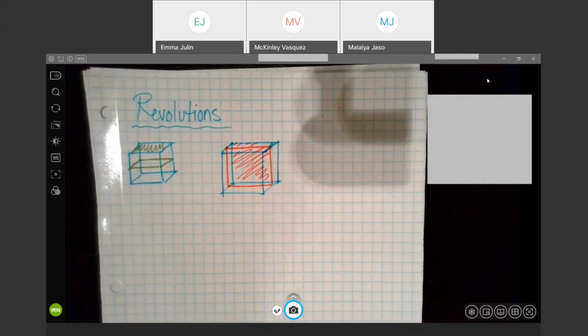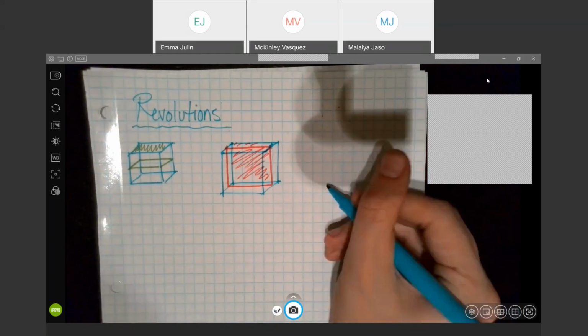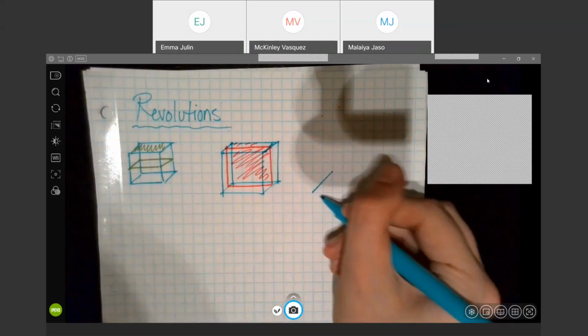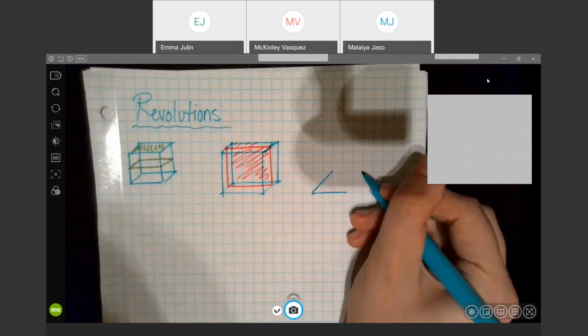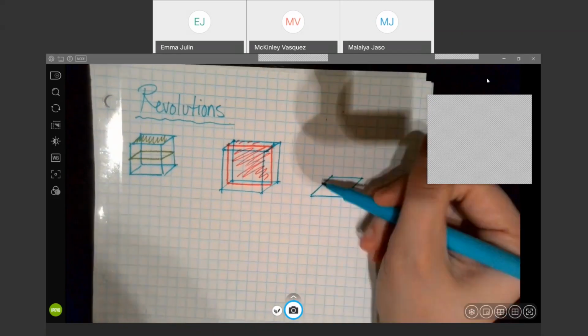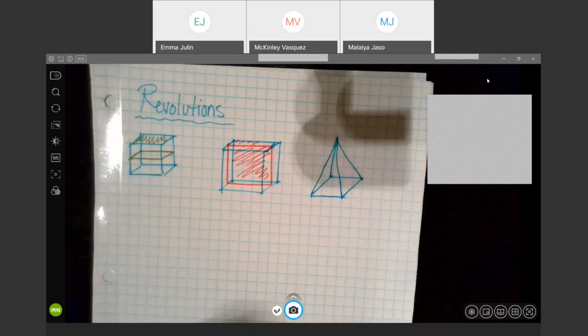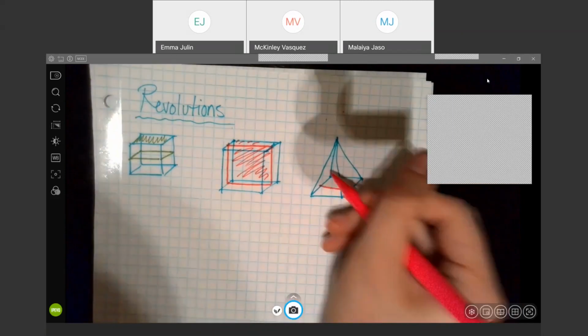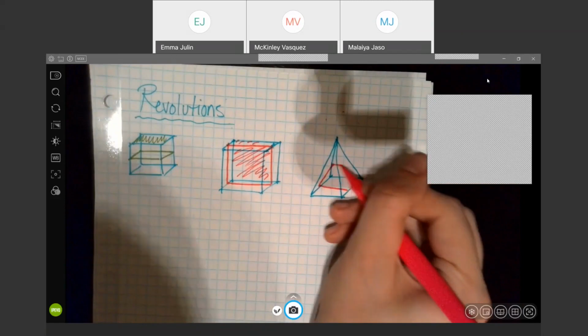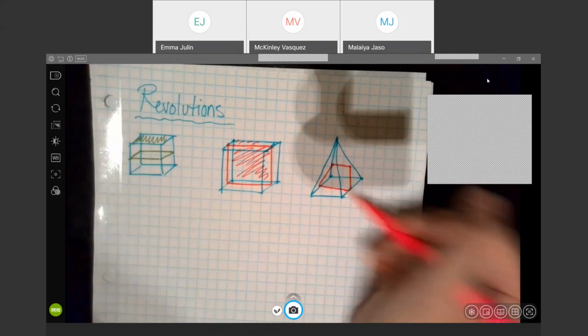Diagonal shapes or diagonal cuts are different. That is entirely dependent on the shape you do. So, for example, if I decided to do a square pyramid, if I had a square pyramid and I wanted to cut diagonally through this, you would get an isosceles trapezoid.